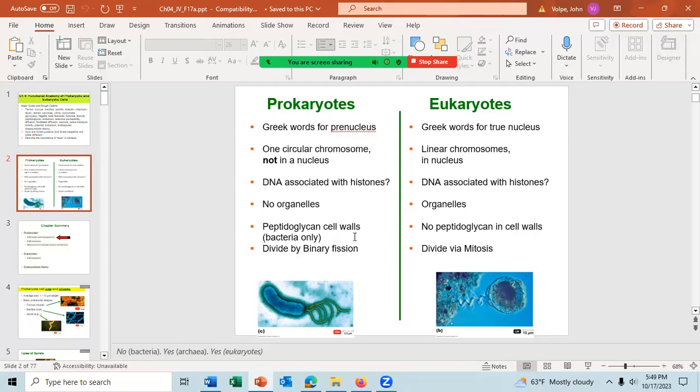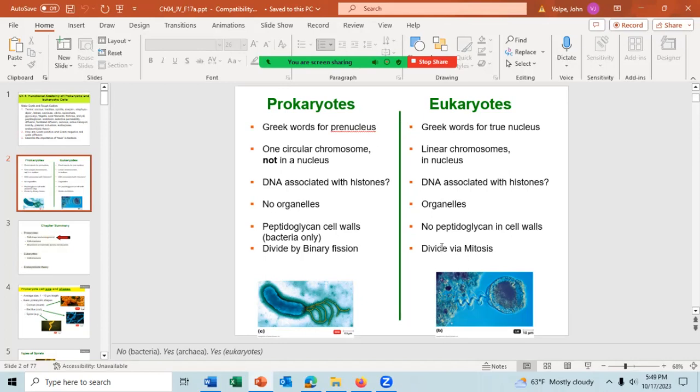There is peptidoglycan in the cell walls of bacteria. In fact, it's the main molecule in the cell wall of bacteria, if the cell has a cell wall. There is no peptidoglycan in the cell walls of eukaryotes.